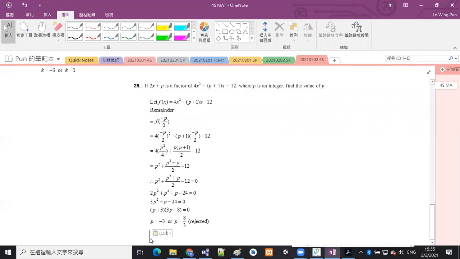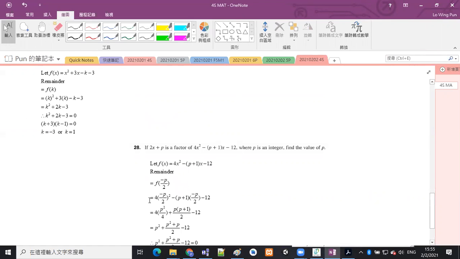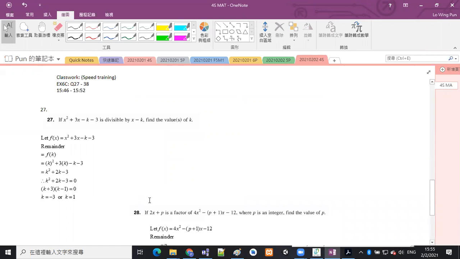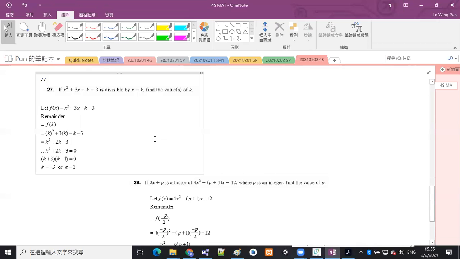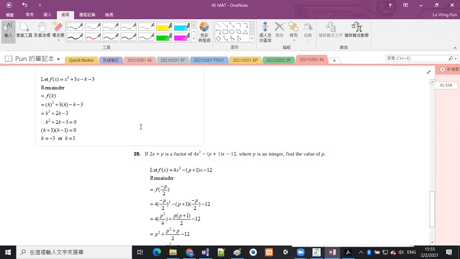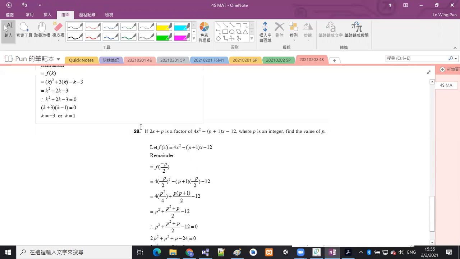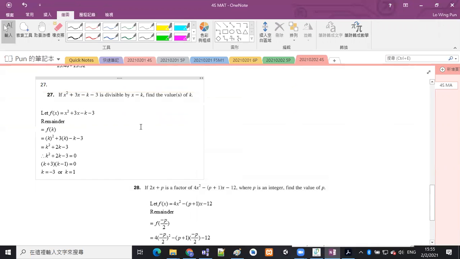Okay. So have you done number 27 and number 28? They are actually the same type. 27 is given a polynomial that is divisible by x minus k, and 28 is given a factor of the polynomial. For both questions we calculate the remainder ourselves, and then set the remainder to be 0, because they are divisible and they are factors.